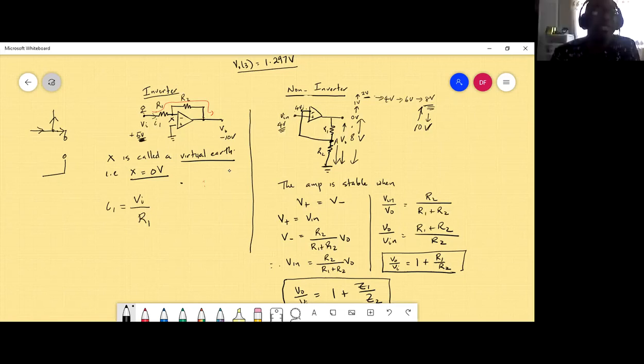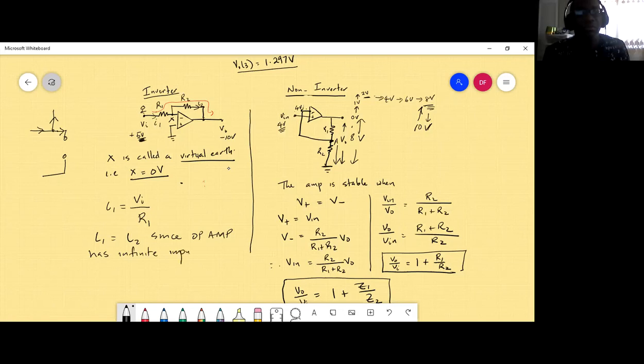All right, so the current is not flowing into the amplifier because it blocks everything. All the current is going to flow through R2. So I'm going to put in a current I2 now. I1 equals I2 since the op-amp has infinite input impedance.